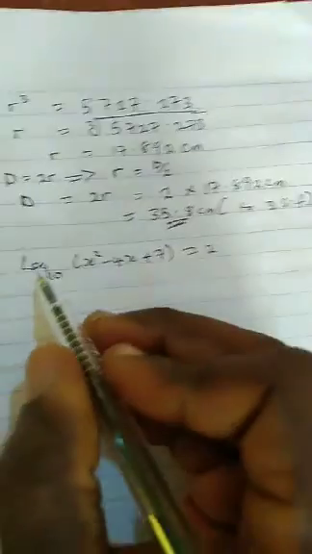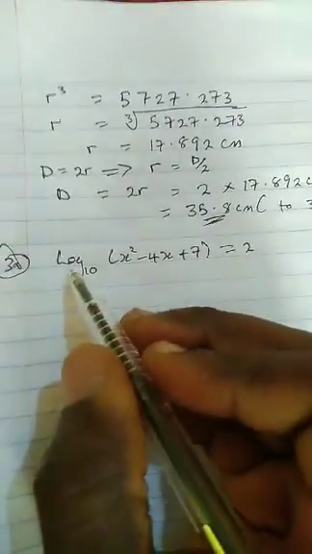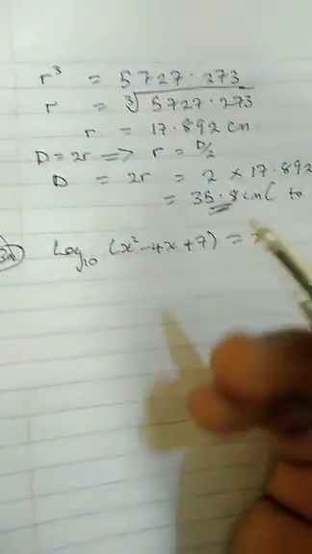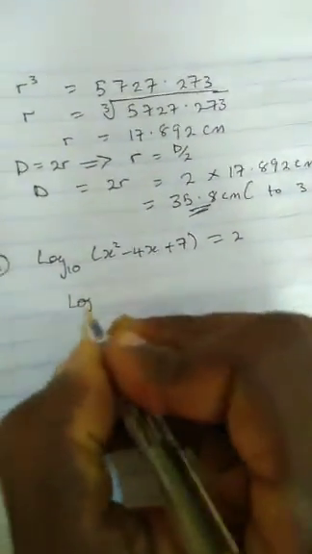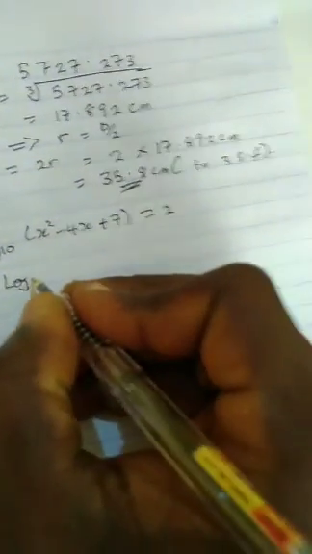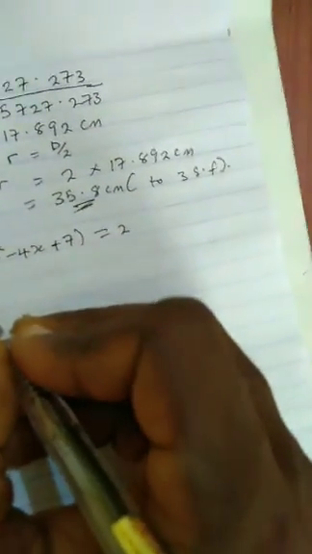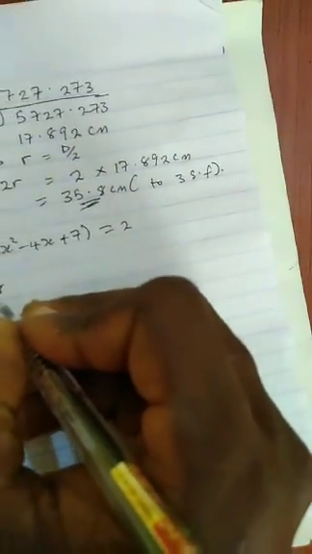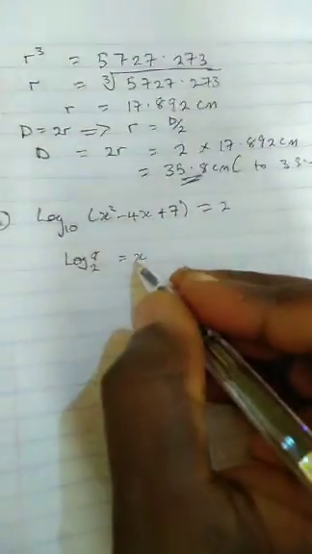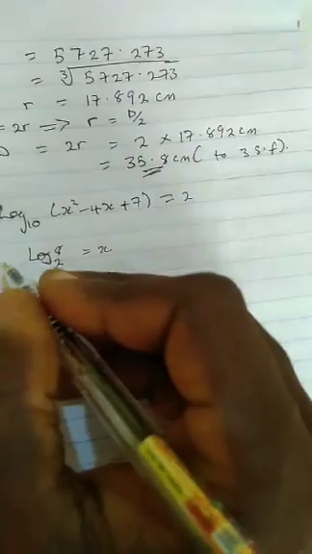Of course, in order to solve this question, the first thing to do is to convert this logarithmic equation to an index equation. And how do we do that? For example, if you have log 8 base 2 equals x, and you want to find the value of x, what we simply do is to remove this log.